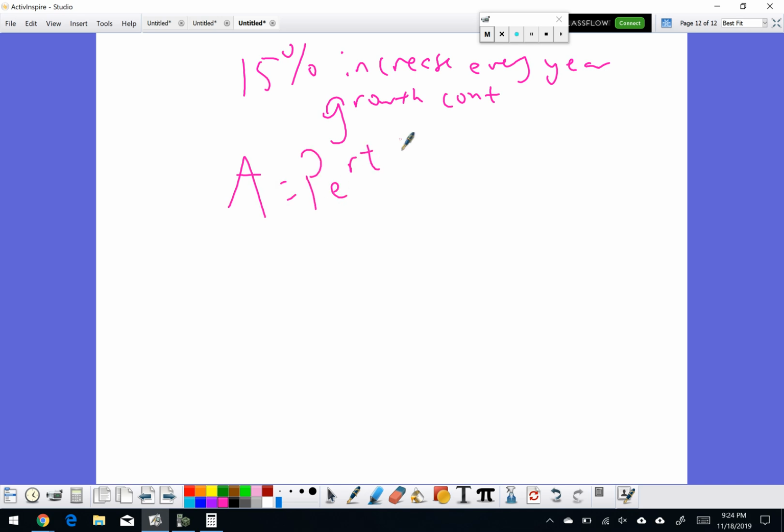Now, sometimes we don't want to put the P. This could also be what we call A sub 0, and just another name for A sub 0 is initial value.